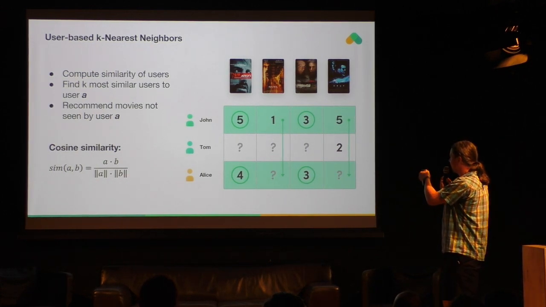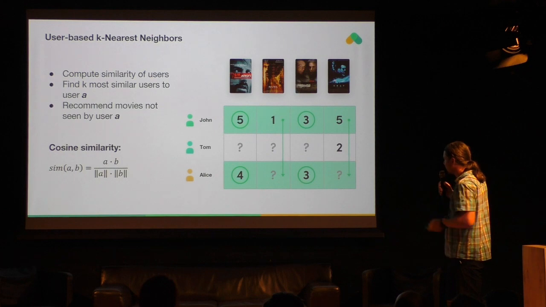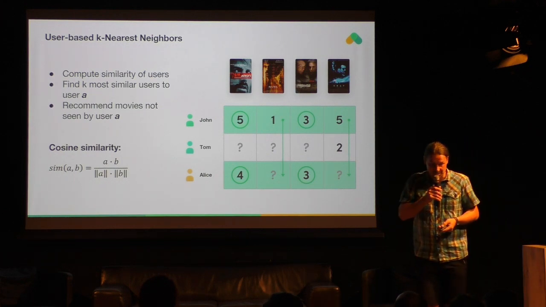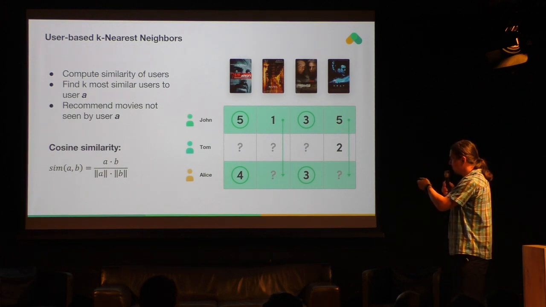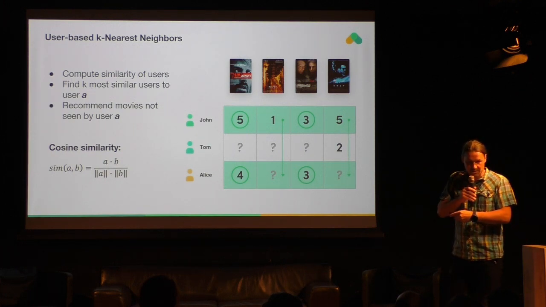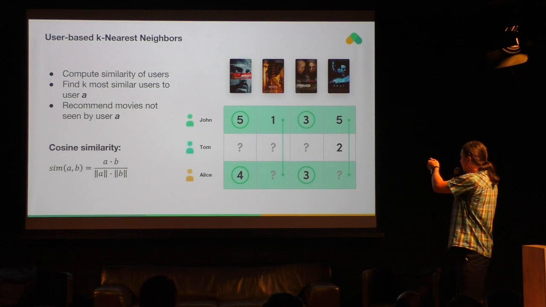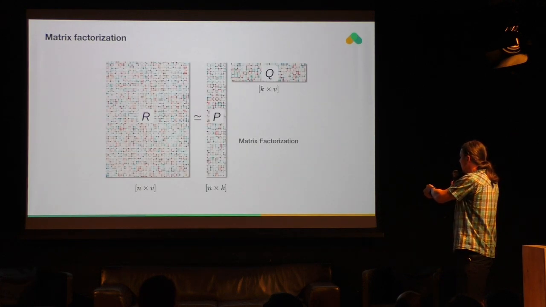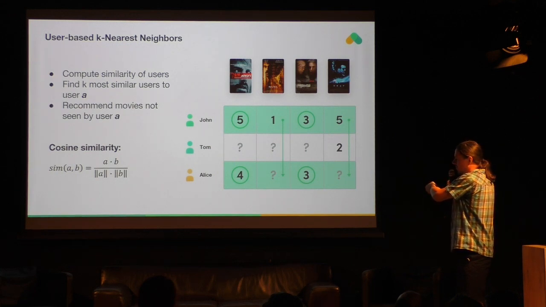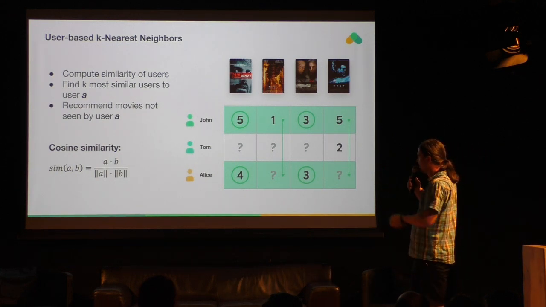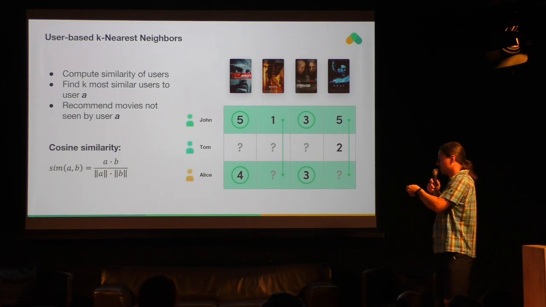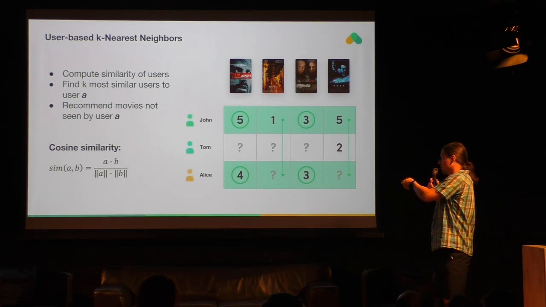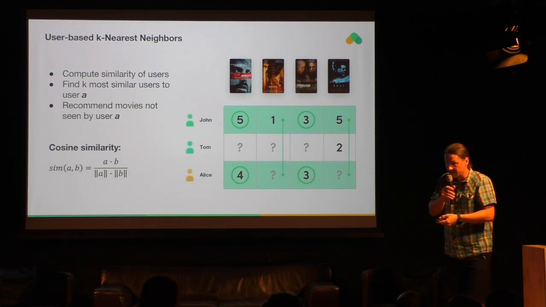In this case, you find out that John is quite similar based on the behavior. He likes similar movies as Alice, so you will recommend movies that Alice hasn't seen yet. Quite simple. The only trick is that you need to find out the similarity of users, and you can find the similarity by using this interaction matrix.